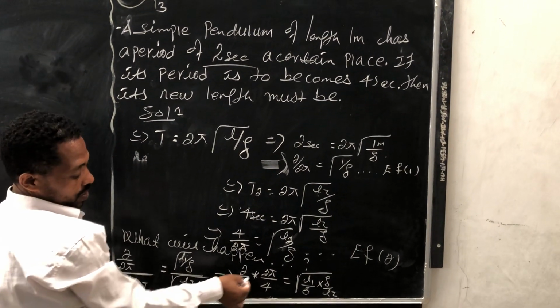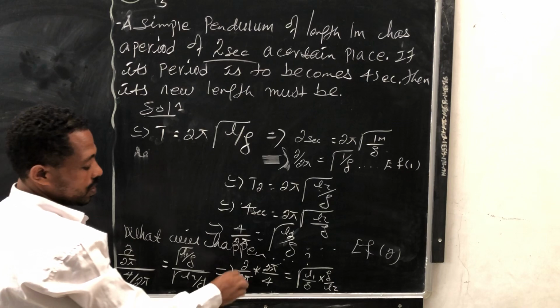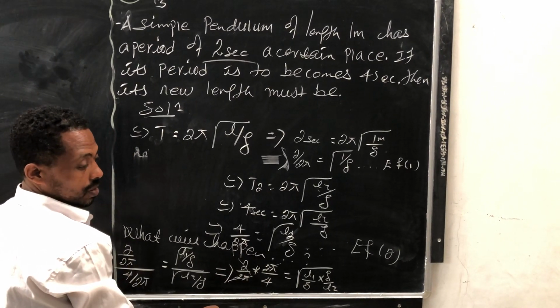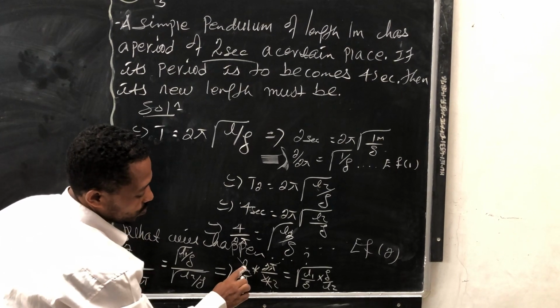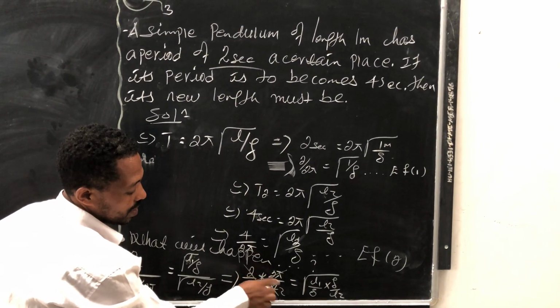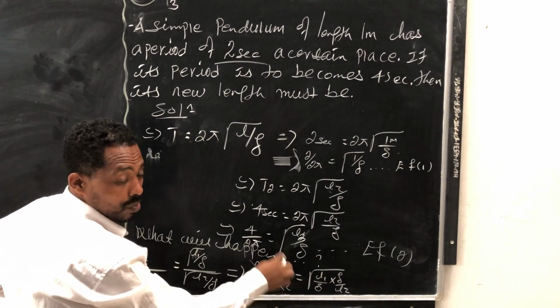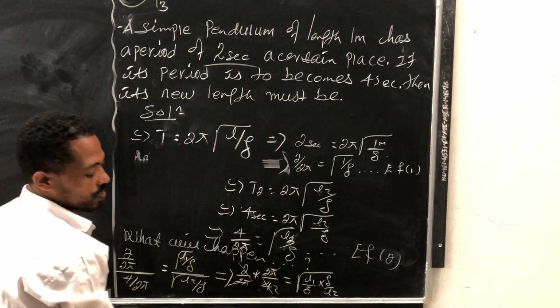Look, my dears, 2 pi by 2 pi cancel each other. 1 times 1 is 1, 2 times 2 is 4. Actually, by 2, 1 by 2, 2, so 1 times 1 is 1, 1 times 2 is 2. The number on the right side becomes simply 1 over 2.